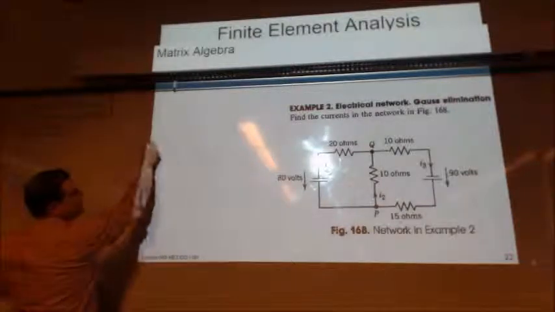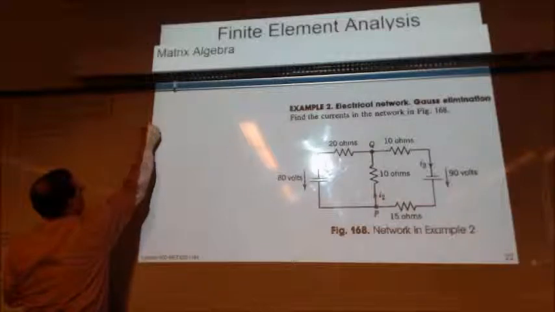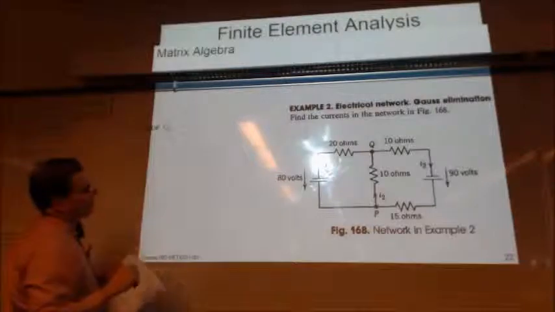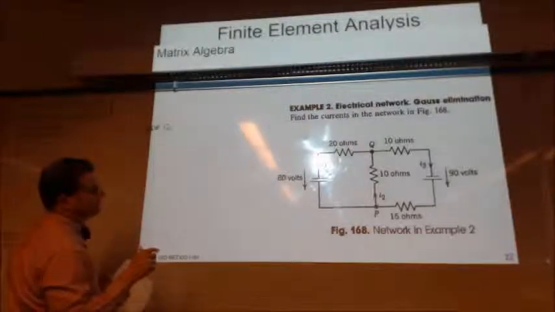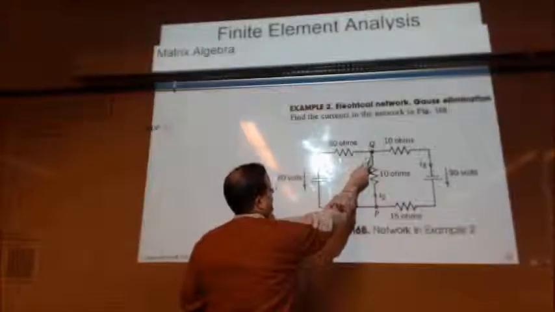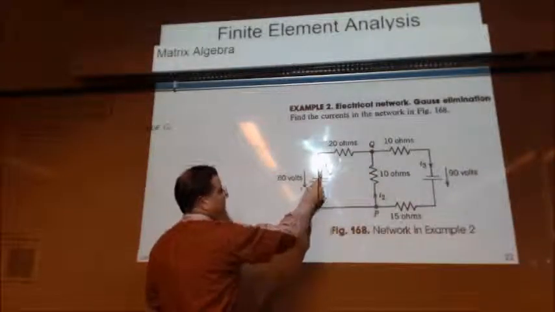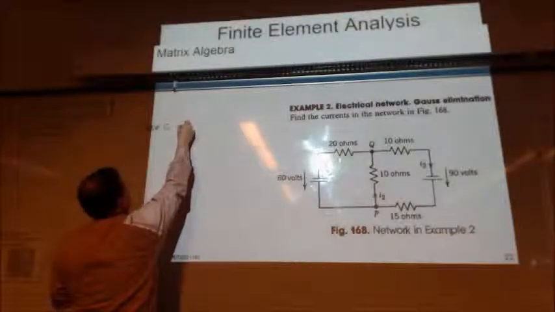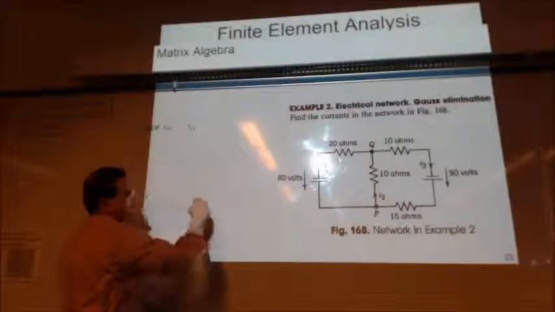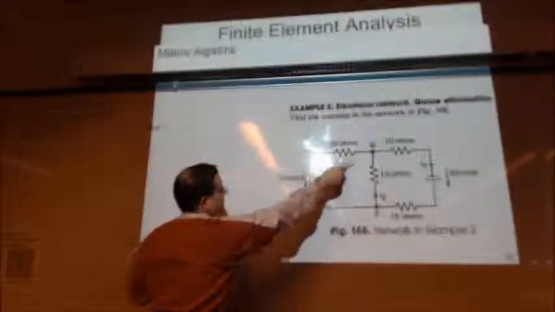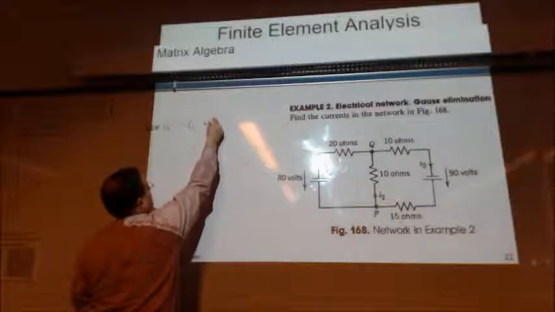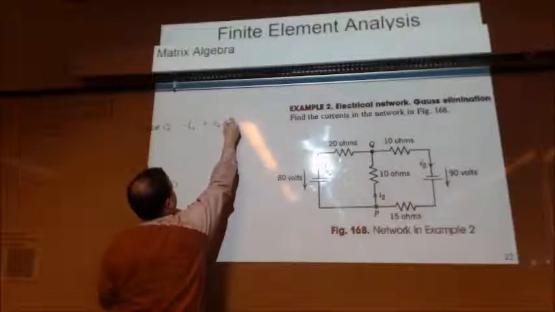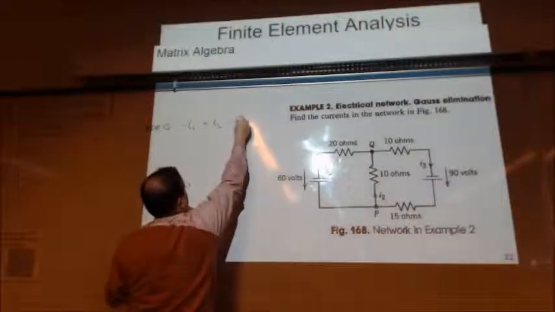Right? So if we start with node Q there, and if we're looking at current, so what's happening at node Q with the current? What's I1 doing? It's leaving. So we'll say minus I1. Let's see, I2 is going in, so we'll call that plus. And I3 is also leaving, minus I3.